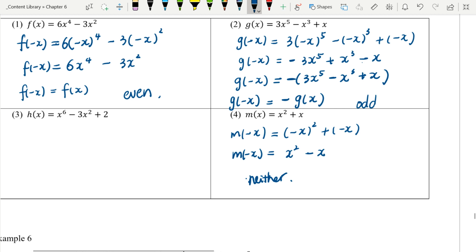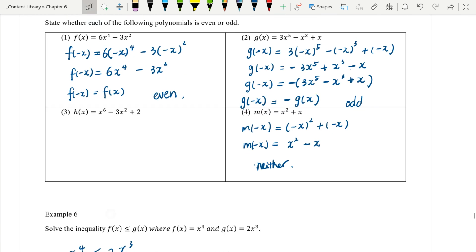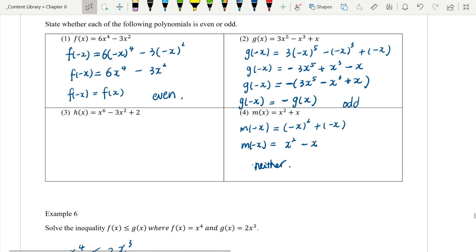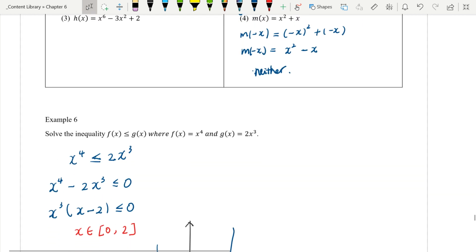Okay, so that's it for 6i. During the weekend, I will suggest you do 6j as well by yourself, because there's only one example I'm going to show you in the class, and I don't want to spend a long time on that exercise. I'll give you a lesson for that as well.